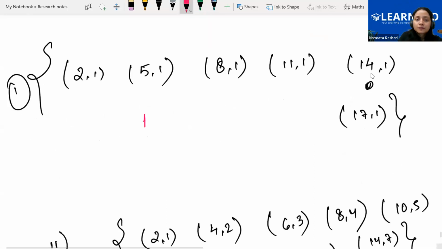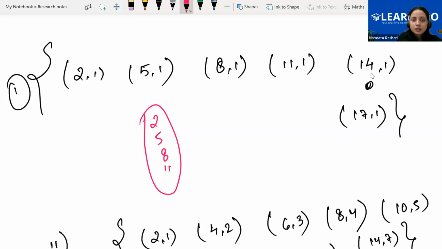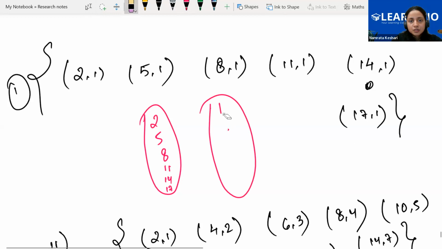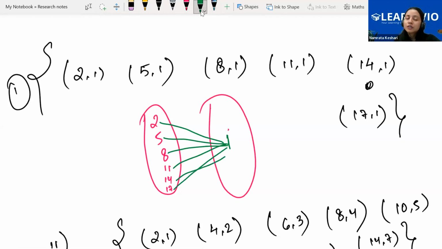Let's check it. 2 is there, 5 is there, 8 is there, 11 is there, 14 is there, 17 is there. 1, 1, 1, 1 is there, no worries. Okay, all are just 1. 2 is going to 1, 5 is going to 1, 8 is going to 1, 11 is going to 1, and 14 and 17 too.